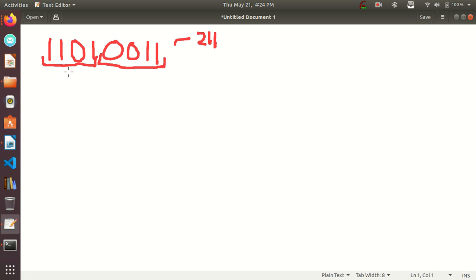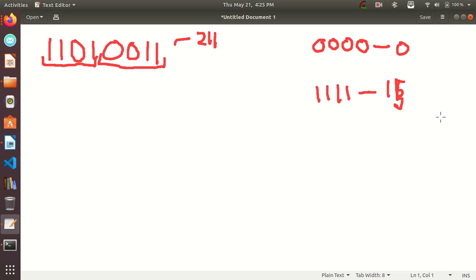The reason why we're going to look at them 4 bits at a time is because consider this. The lowest possible 4-bit binary number is 0. The highest possible 4-bit binary number is 15.